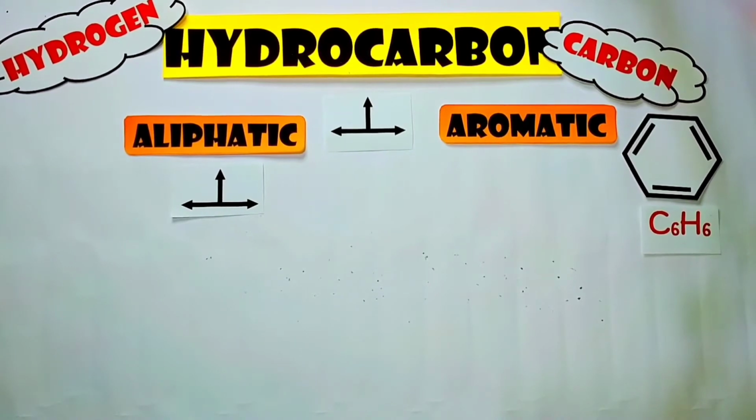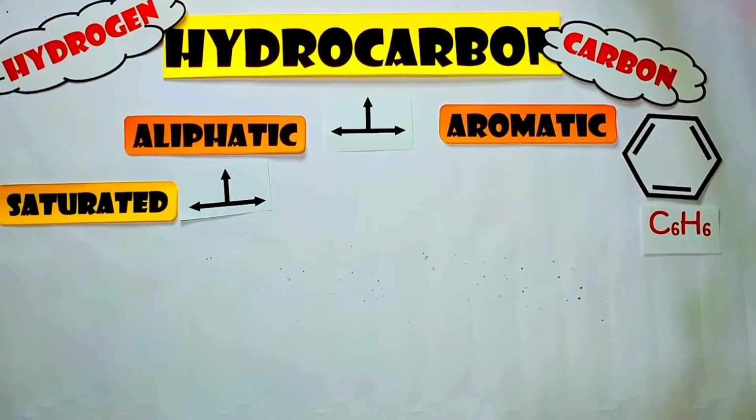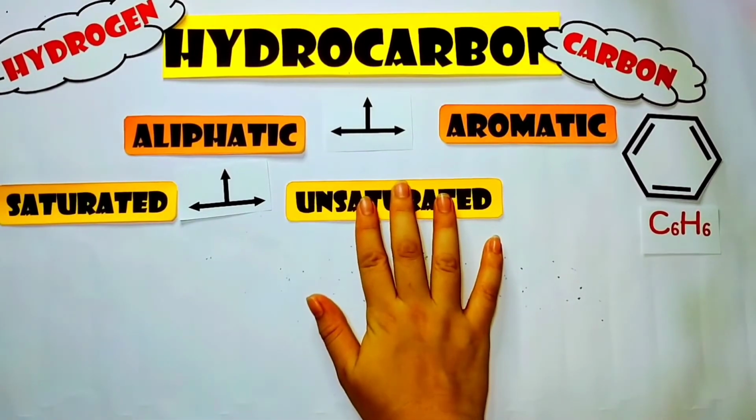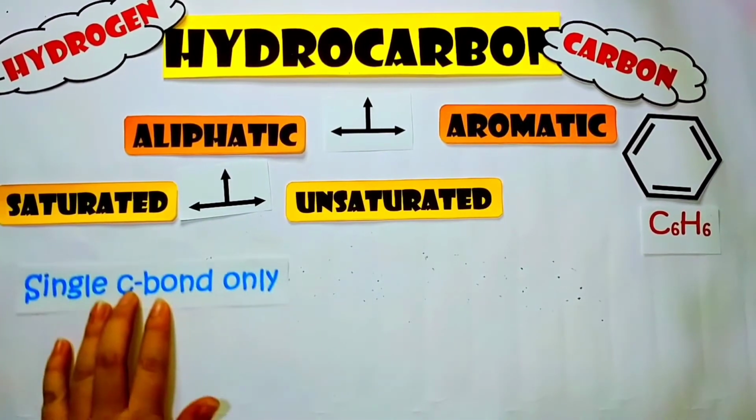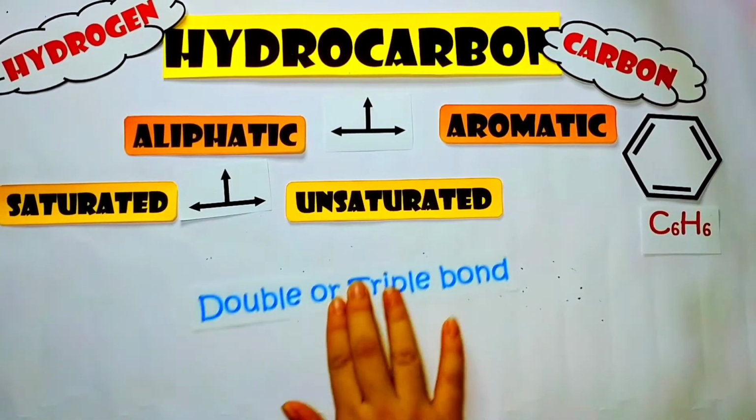Aliphatic hydrocarbon is classified into two: saturated hydrocarbon and unsaturated hydrocarbon. Saturated hydrocarbon consists of single bonds only, while unsaturated hydrocarbon consists of double or triple bonds.